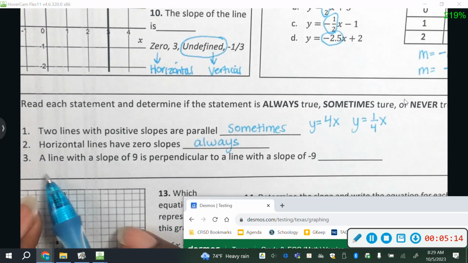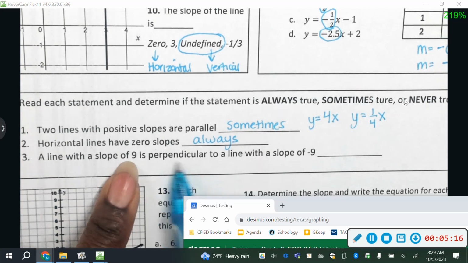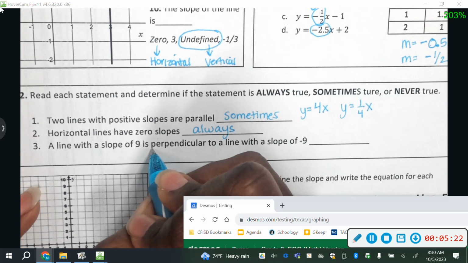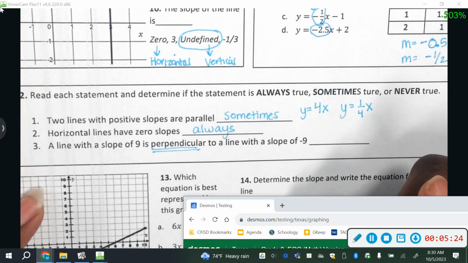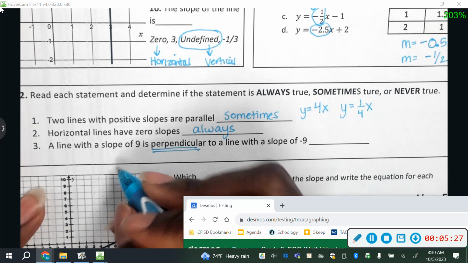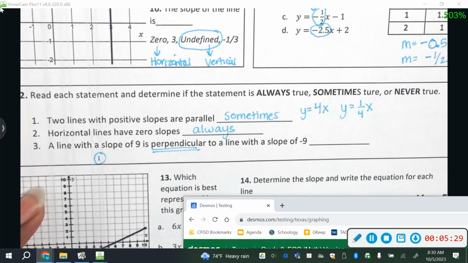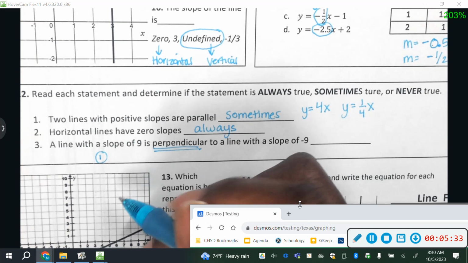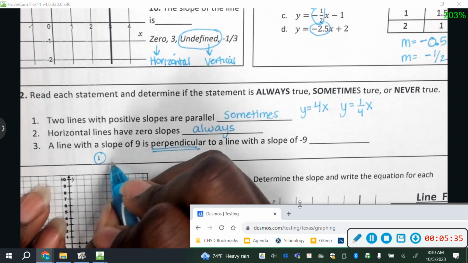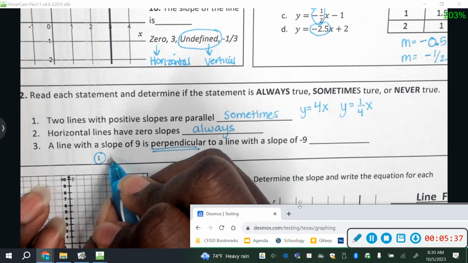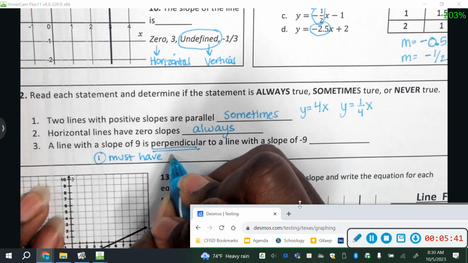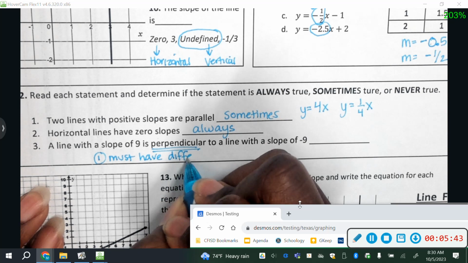Thank you. A line with the slope of 9 is perpendicular to a line with the slope of -9. Does anybody remember the criteria for something to be perpendicular? What's one of the things that it needs to be perpendicular? Hello, there's a big poster behind it. Ain't no reason why y'all don't look at the poster. Must have what? Different signs. So do they have different signs?